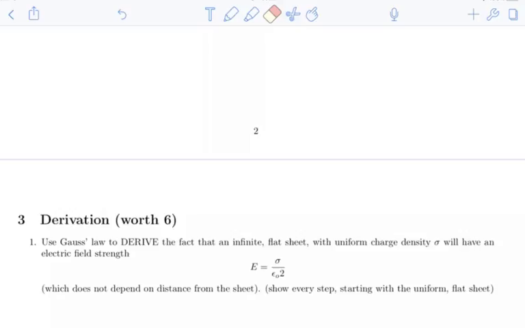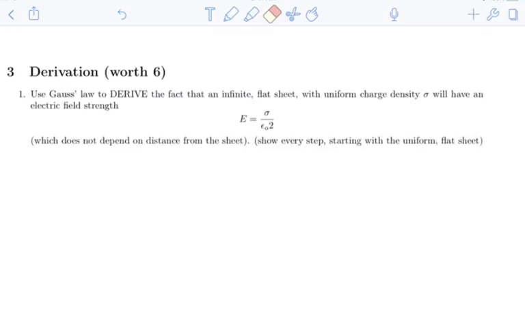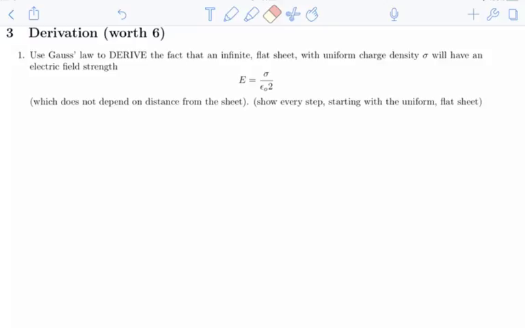I decided to leave that out of the possibility of the derivations I might ask you for in this particular midterm, because most of you are still fairly new to doing integrals. So on the next midterm and the final exam, I might ask you some integral derivations from this part of the term, but not on this midterm, not yet, because you're still new to those mathematical techniques. Okay, so let me show you how to do this derivation.